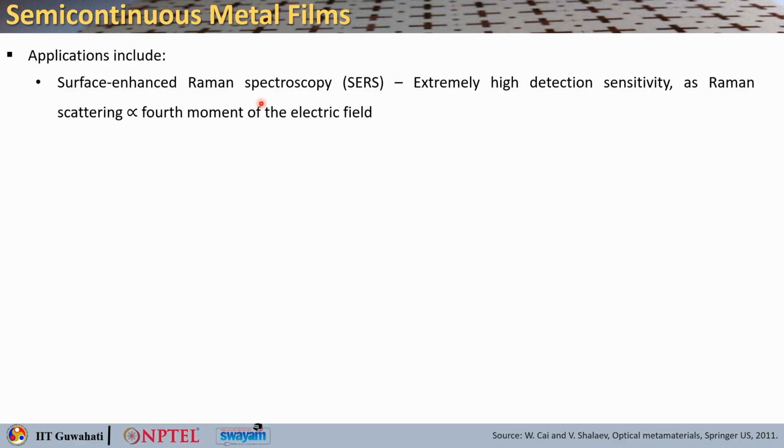If I need to name a few, the first one that comes to my mind is surface enhanced Raman spectroscopy, that is SERS, which, as I already mentioned, is used for extremely high detection sensitivity, because the Raman scattering is typically proportional to the fourth order of the electric field. So, if the local electric field is enhanced by a factor of 10 to the power 2, the Raman scattering will scale up by 10 to the power 8.